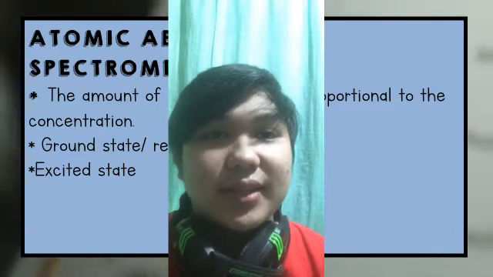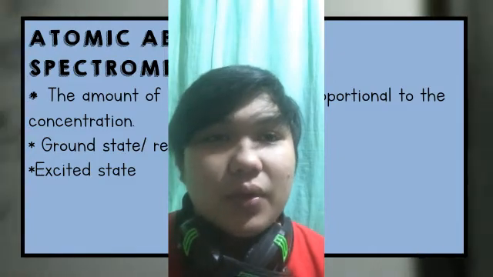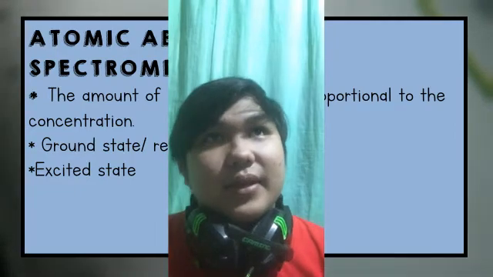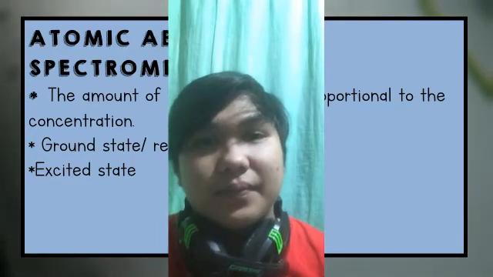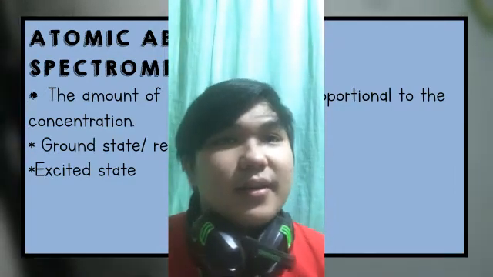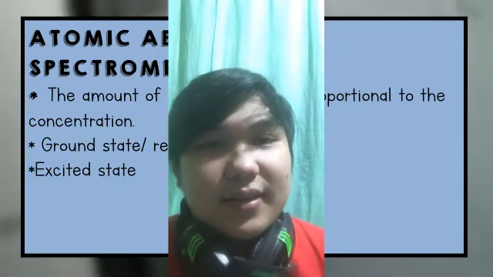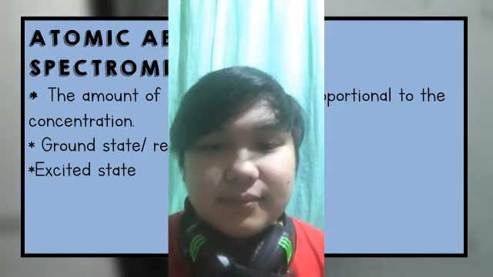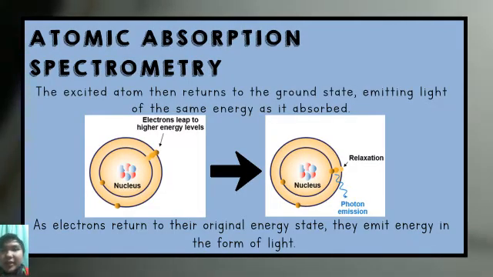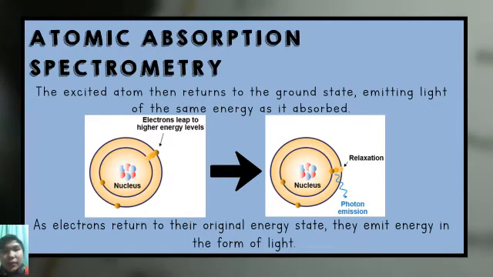Ground state means relaxation, while the excited state is the one that makes the atom move faster. In atomic absorption spectrometry, the excited atom then returns to the ground state, emitting light of the same energy as it absorbed.